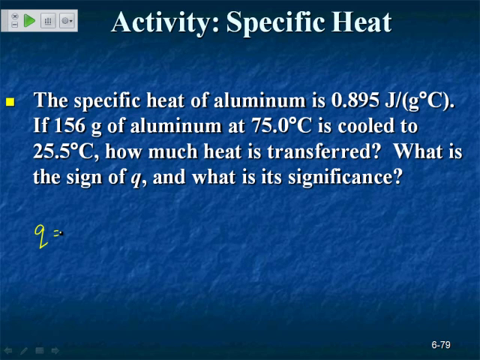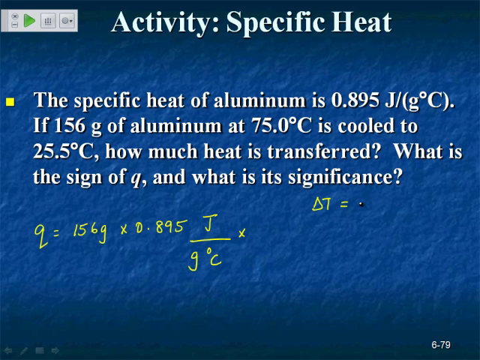Q is mass, 56 grams. Multiply that by specific heat, which is 0.895 joules per gram degree Celsius. Multiply that by delta T. What is delta T here?